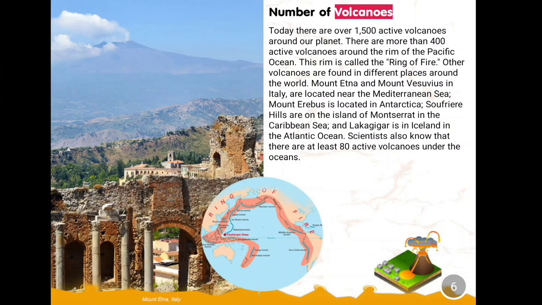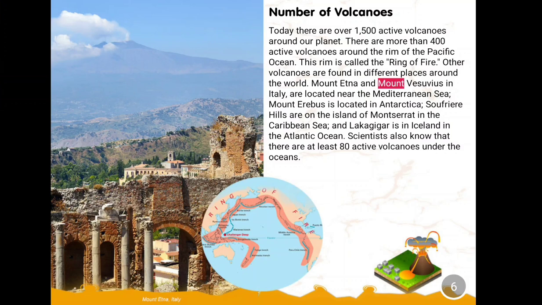Number of volcanoes. Today there are over 1,500 active volcanoes around our planet. There are more than 400 active volcanoes around the rim of the Pacific Ocean. This rim is called the Ring of Fire. Other volcanoes are found in different places around the world.